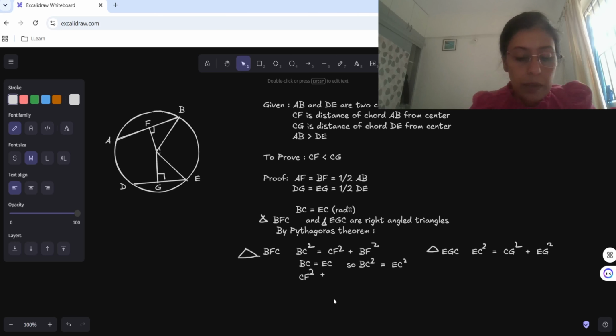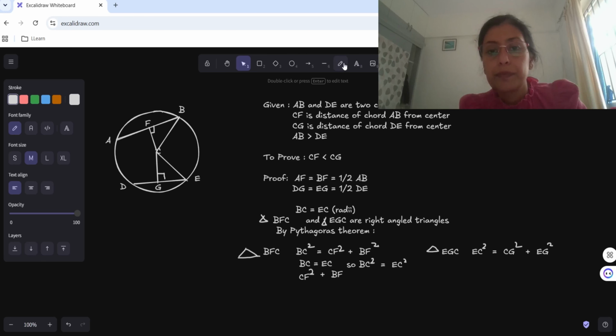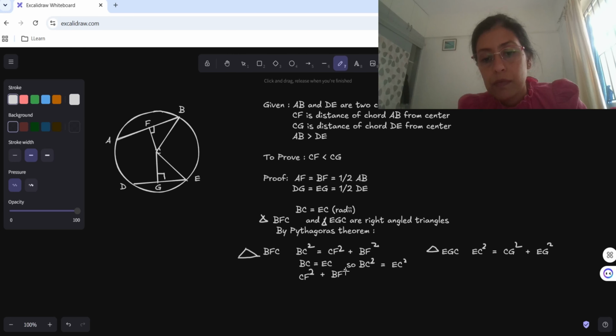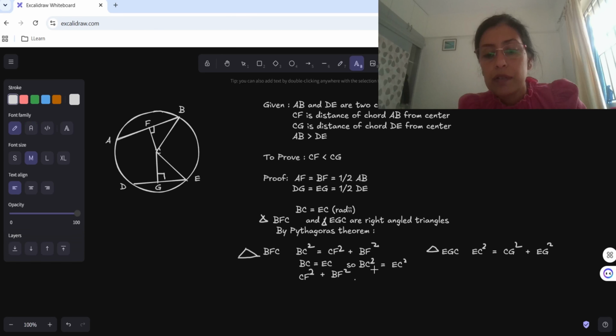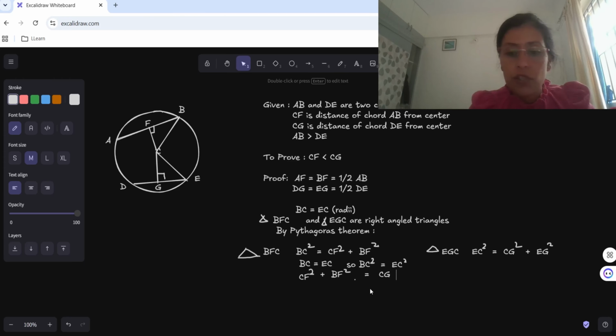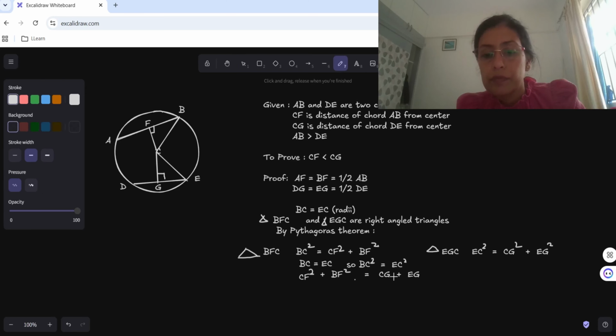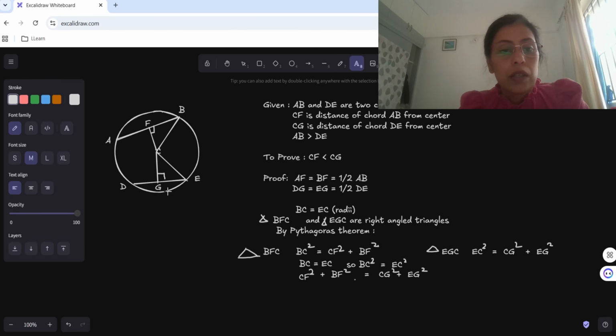So CF square plus BF square will be equal to CG square plus EG square. Right?